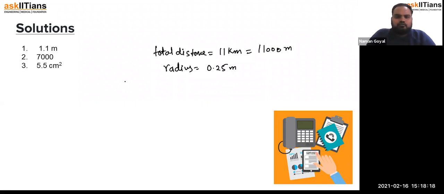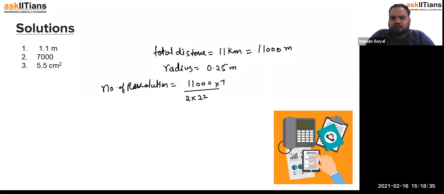So the number of revolutions is 11,000 upon 2 pi r, that is 2 into 22 by 7 into 0.25, right?